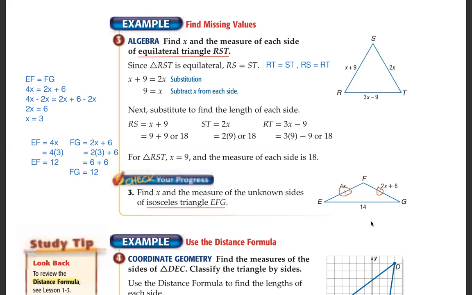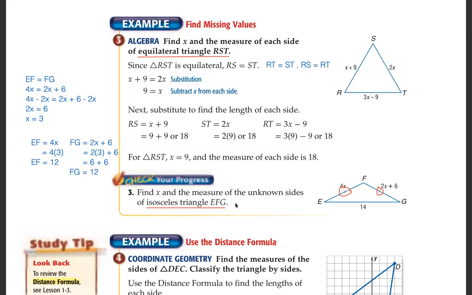Especially with an isosceles triangle, sometimes the two sides will be given in the problem itself. It might say, find x and the measure of the unknown sides of isosceles triangle EFG, given that EF is congruent to FG. So the problem itself gives you the hint on which equation to write.